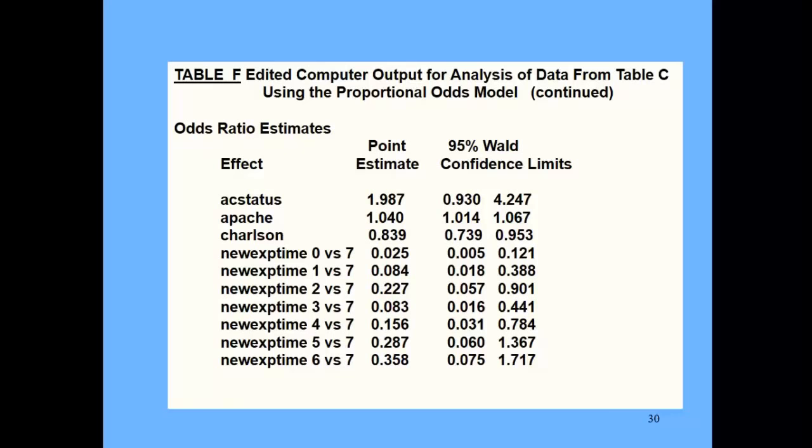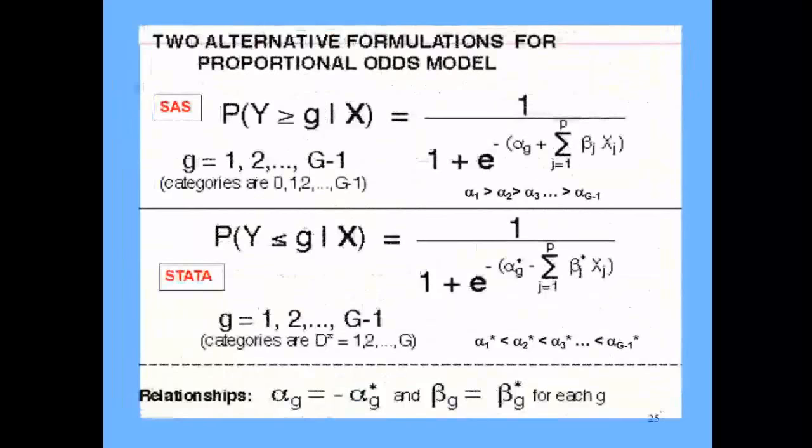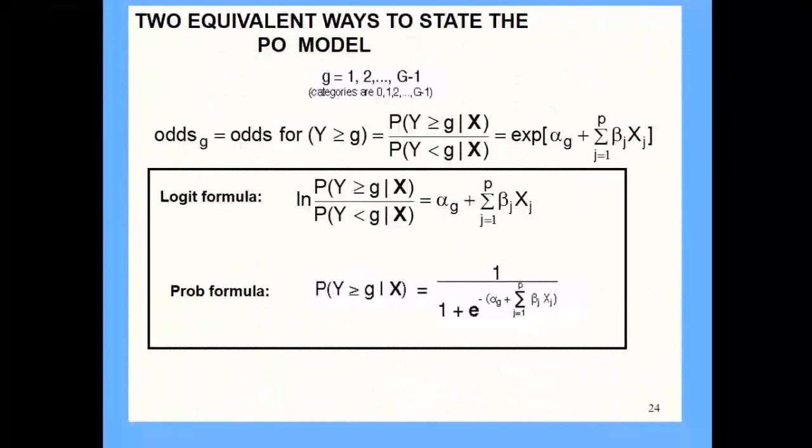Another issue was, let's go back to this. What is the proportional odds assumption? In order to get that, I just want to make sure you remember that there are two ways you can write the proportional odds model. One way is a probability statement that doesn't talk about the outcome equal to something.